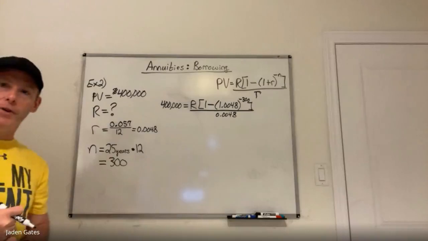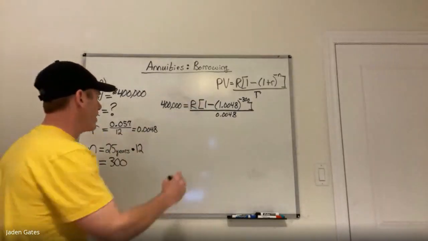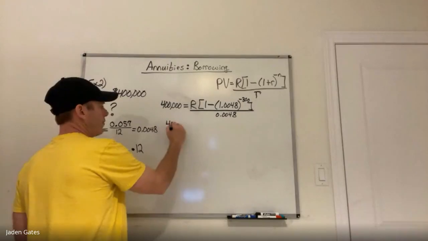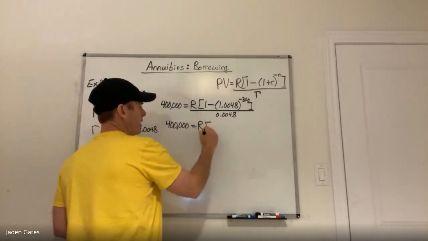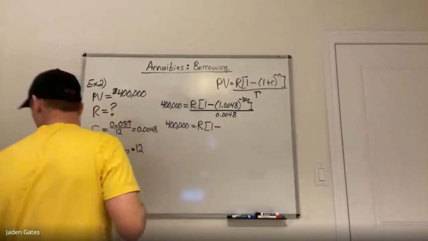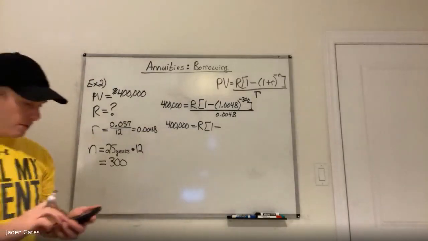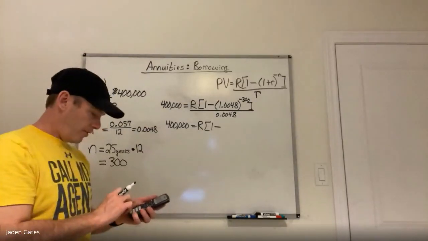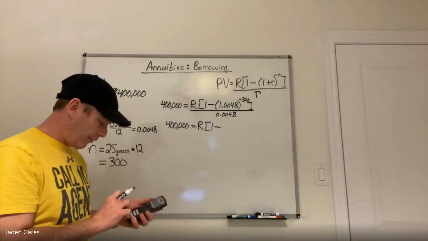Okay, as I've done before and did earlier today, going with the brackets, figuring out what we've got. So I've got 400,000 again on this left side. It's just going to be sitting there for a bit. Then in brackets here, I have to figure out 1.0048 to the power of negative 300.